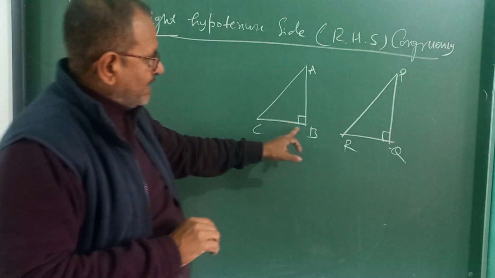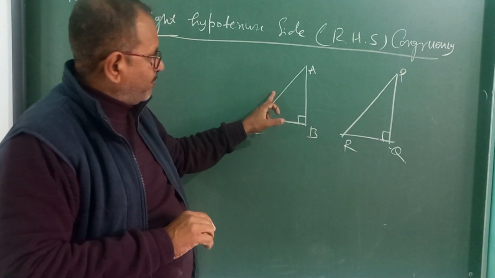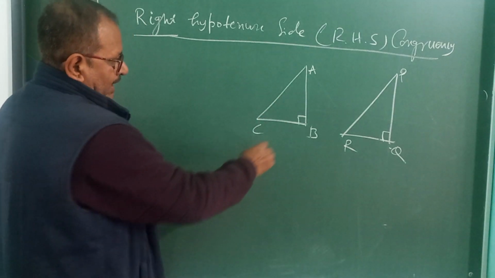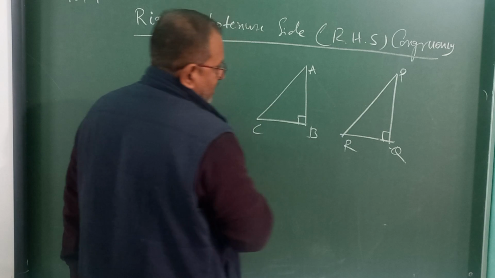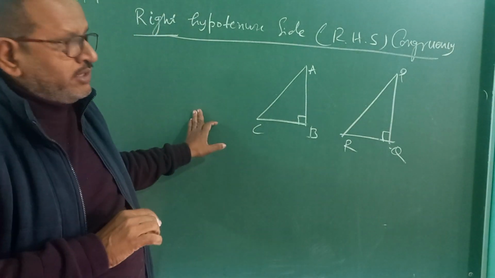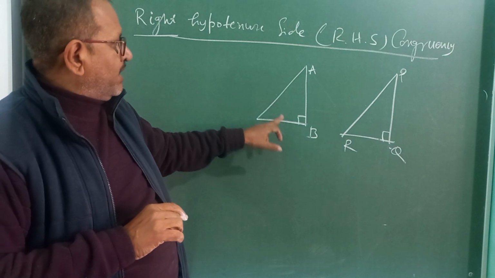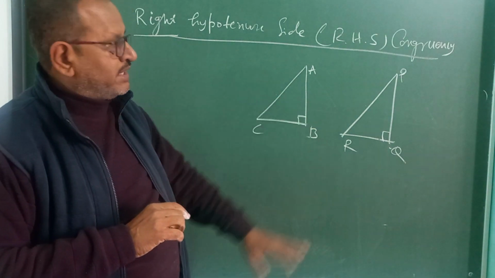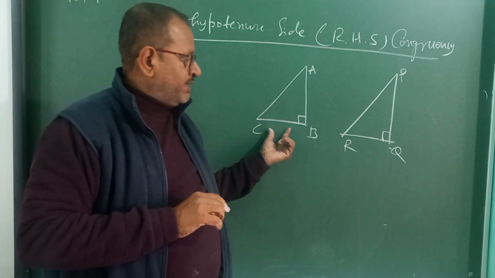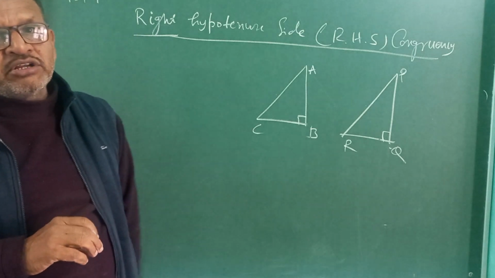So if one angle is 90 degree, and the hypotenuses are equal, angle B's opposite side AC is the hypotenuse, here angle Q's opposite side PR is the hypotenuse. So in two triangles, if one angle is 90 degree, the hypotenuses are equal in both the triangles and one side is equal, then we can say that both the triangles are congruent.